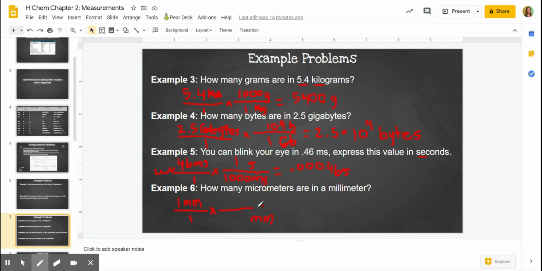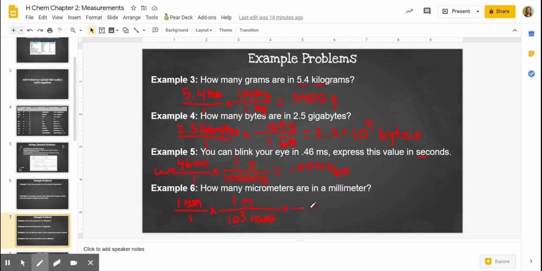Lowercase m, and I don't know how many micrometers are in a millimeter. But I do know that there are 10 to the 3rd, or 1,000, in other words, millimeters in 1 meter. So millimeters can cancel out, and now I know how many meters I have.